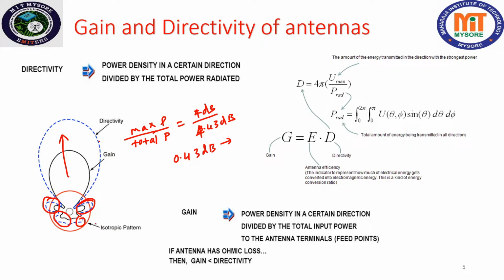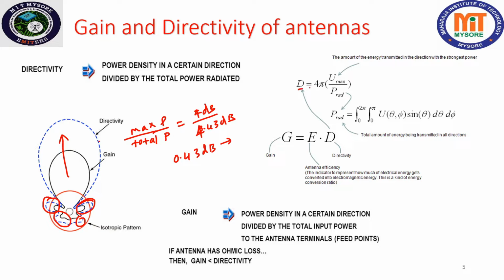Because in some applications, not always, we want all the power to be radiated in a particular direction. So that is the meaning of directivity. In a certain direction we want maximum power to be radiated, and directivity is defined by the power density in a certain direction divided by the total power radiated, which is given by this equation.